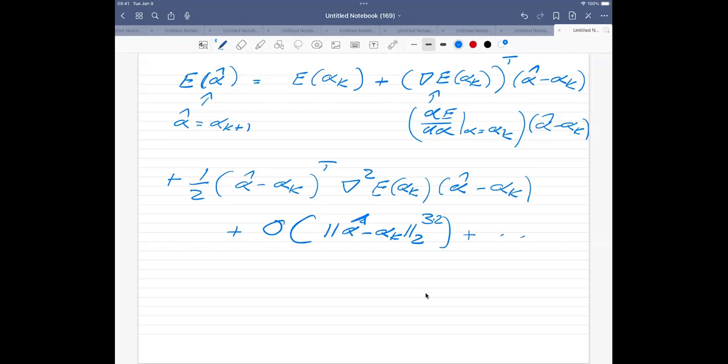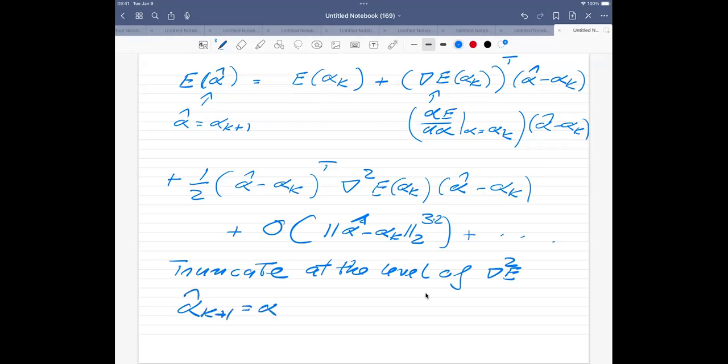And this continues to higher order, but what we did was actually to truncate this at the level of the second derivative. And this is what we did last week. So when we truncated at the level of the second derivative, then we could find a recipe where we now have this alpha of k plus 1, which is the optimal value.